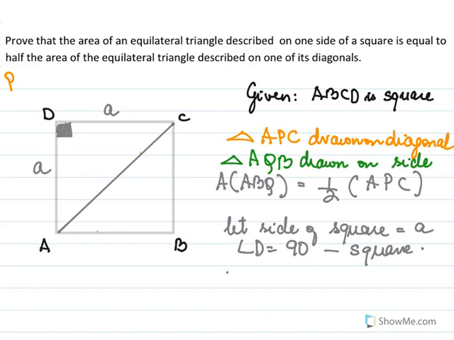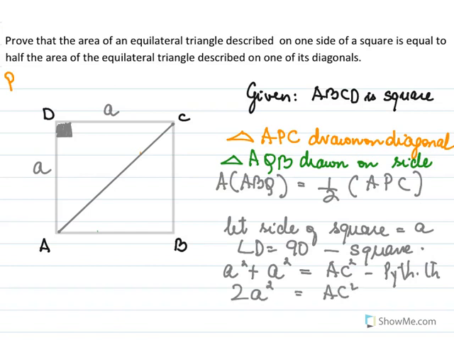So by using Pythagoras theorem, we have A square plus A square equal to AC square. So we have 2A square equal to AC square. So AC will be under root of 2A square, so A under root 2 will be AC.